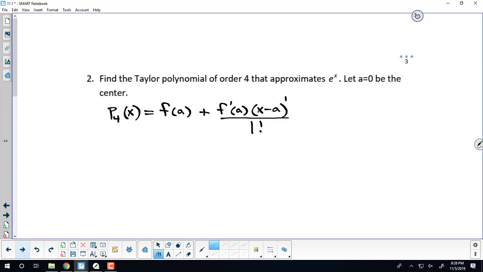So that's hiding there as well. Plus the second derivative at a over 2 factorial times x minus a squared, plus the third derivative evaluated at a over 3 factorial times x minus a cubed.